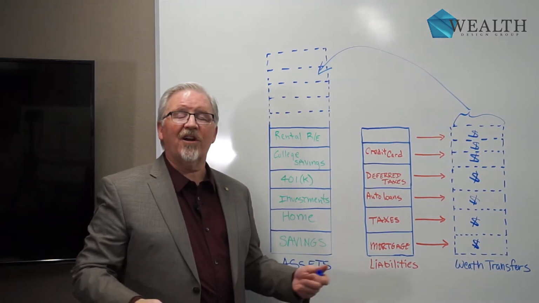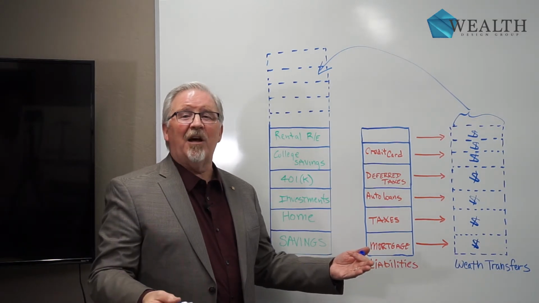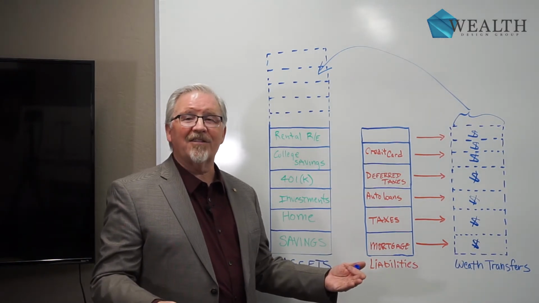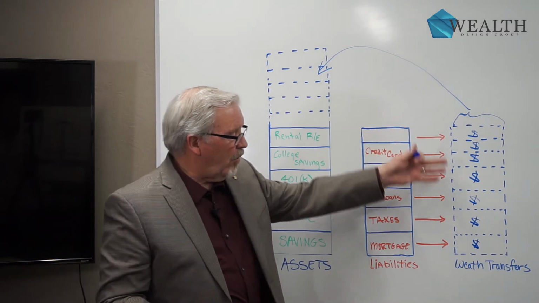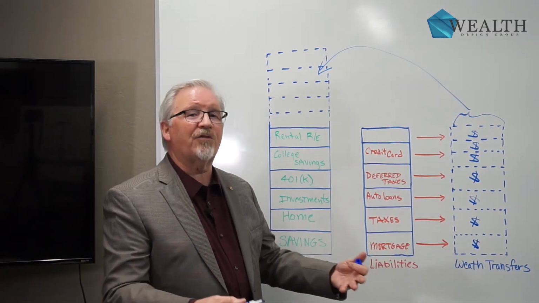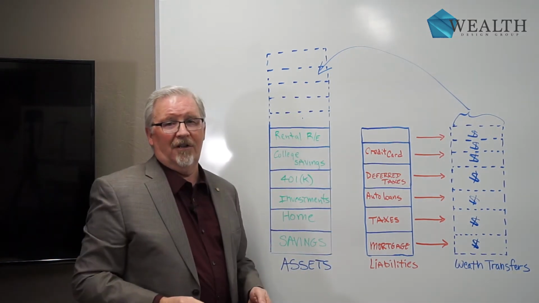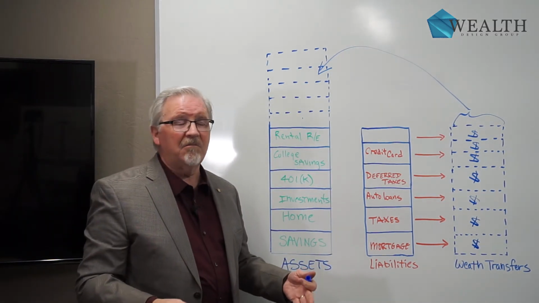Because what's our goal? Trying to build these assets so that we have income in the future and we've got legacy to pass on to our kids. What we want to do is get these wealth transfers, try to minimize the transfer and recapture the money to add it over here. The risk in doing so?